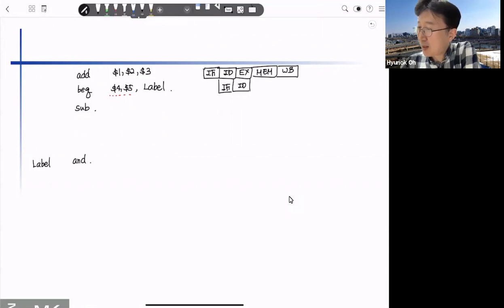At the ending of the EX stage, at this moment, we know whether it is the subtraction instruction or the end instruction, right? If it's different, then subtraction should be executed. If it is equal, then we have to execute the end instruction. So after this execution stage, we can start instruction fetch.